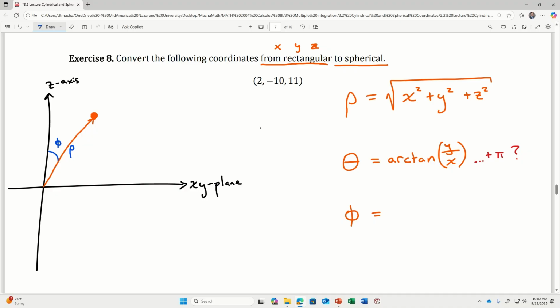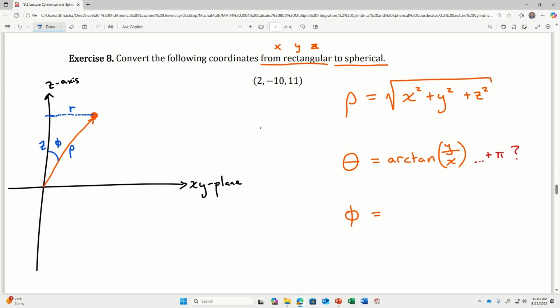And then this distance from the z-axis to the point would be r from cylindrical coordinates. And then this distance from the origin up to that point would be z. So how do I get phi?